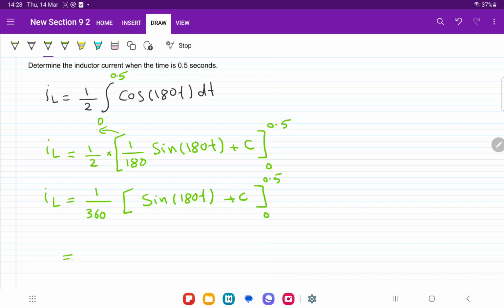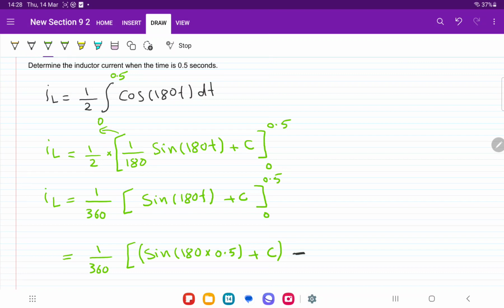So it's going to be 1 over 360 sine 180 times, instead of t, we write 0.5, plus c. That's the first one done. Now we put minus.